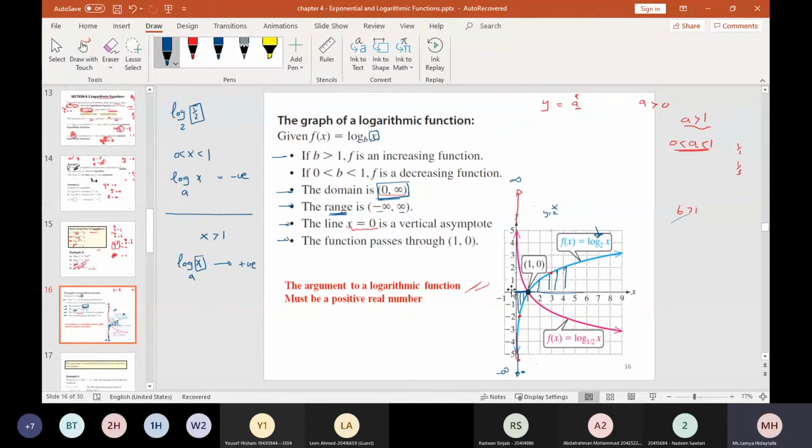Okay, واضح؟ طيب in this case, decreasing function, also what is the domain؟ الدومين الفاليوز الاكس الجراف مرسوم وين؟ from 0 and up to infinity. طيب what about the range؟ الفانكشن دي go from everywhere here and also everywhere there. So from minus infinity to infinity الرينج. Okay. So clear؟ This is ال y axis تبع معادلته x بتساوي 0.